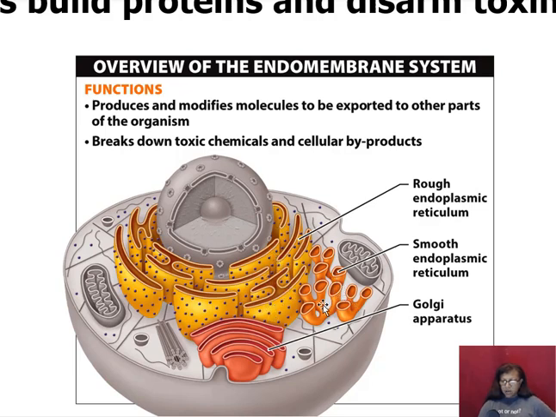And then here we have the smooth endoplasmic reticulum, and this is where we're detoxifying a lot of the drugs and things that are brought into the cell. We're breaking down chemicals and toxins using the smooth endoplasmic reticulum. So the rough endoplasmic reticulum, we're making our proteins. The smooth endoplasmic reticulum, we're breaking down toxic chemicals, cellular byproducts.